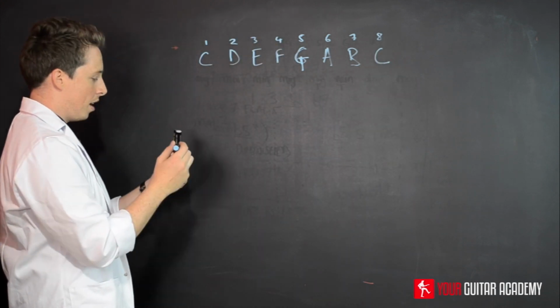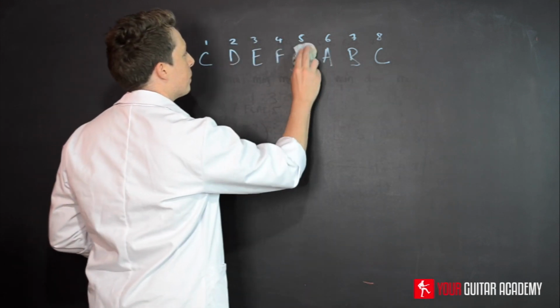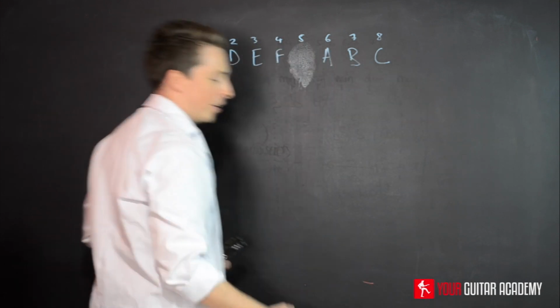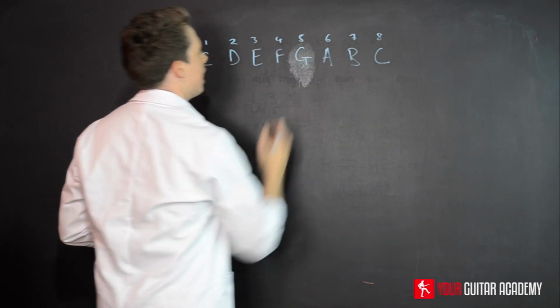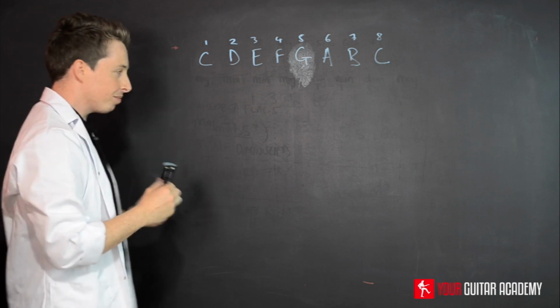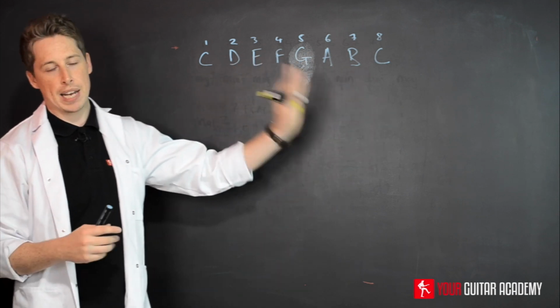So there's our C major scale, and just because I am a little obsessive, I'm going to rub that one out and write it again, because it should be nice and clear that that's a G. Okay, cool. So, everything we've done up to now has used this concept, that this is the major scale.